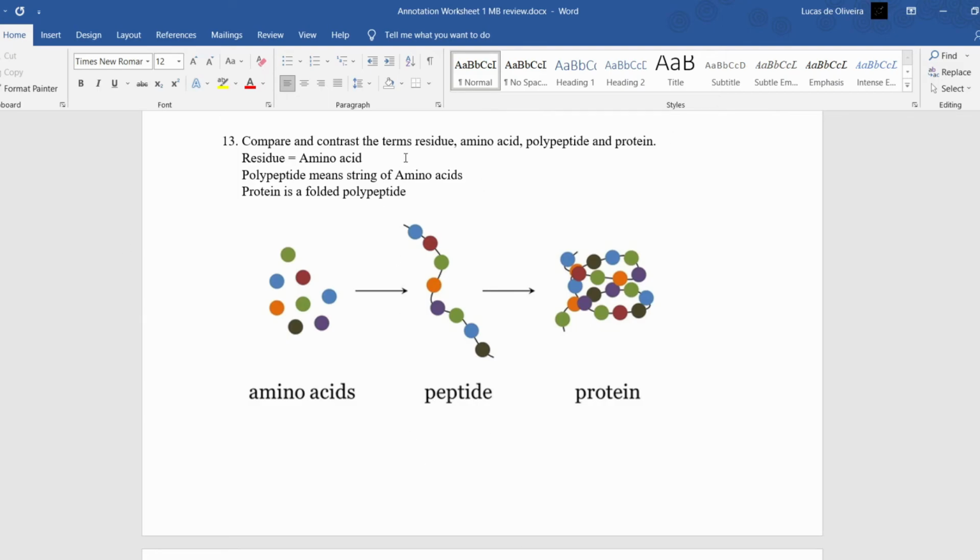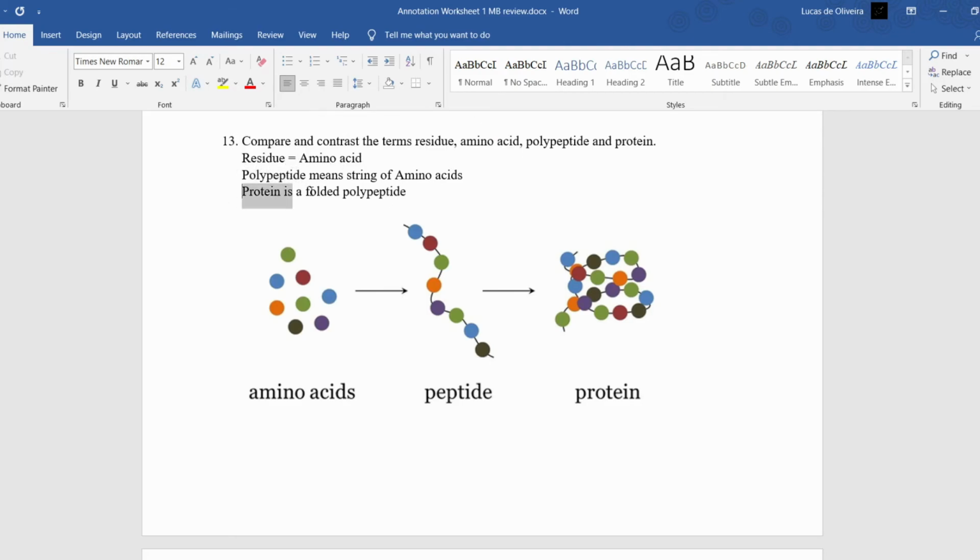So comparing and contrasting residue, amino acid, polypeptide, and protein. This is pretty simple. Residue is the same thing as amino acid, and you'll actually see this a lot in annotation. You'll see things referred to as residue, so knowing these are the same is helpful for your brain. Polypeptide is when there is a string of amino acids. So think of the amino acids as the building blocks. Polypeptide is more than one peptide.